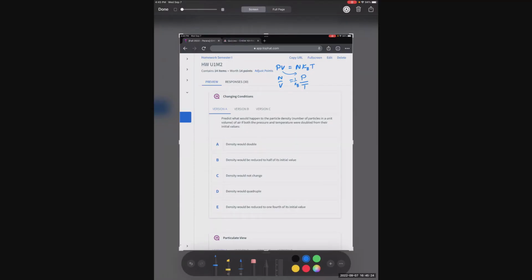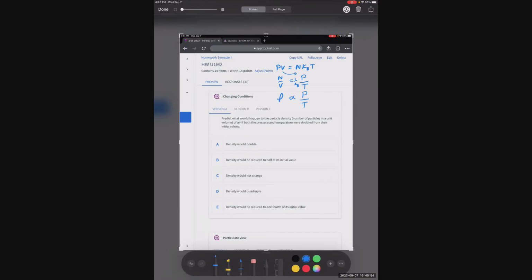So N over V is the density we're talking about. Let's call it rho. The particle density is directly proportional to the pressure and inversely proportional to the temperature. That's what it means.